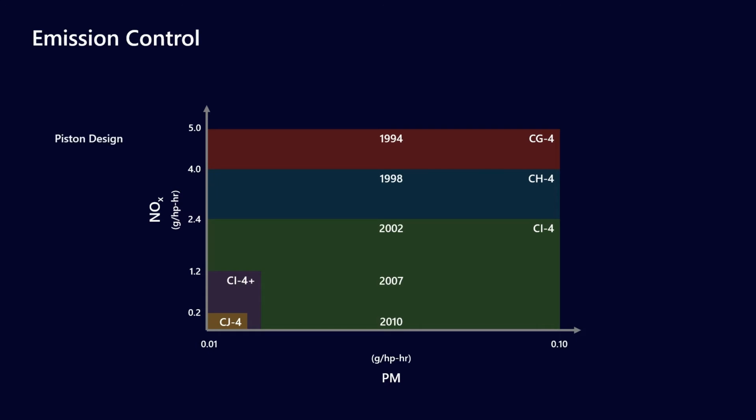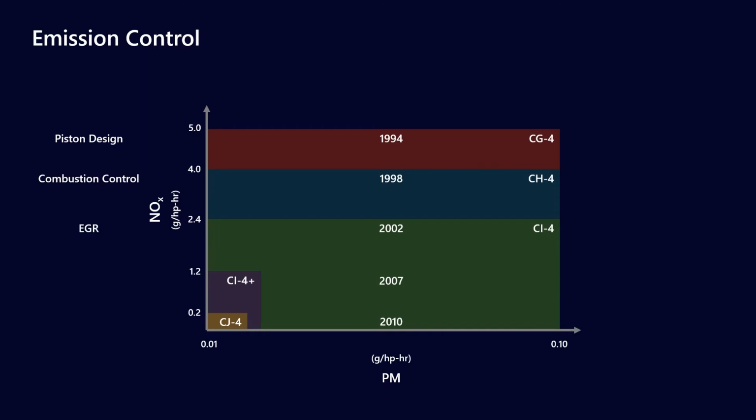Now, these gains have gone on with other technological improvements. For example, in the mid-90s, we had changes to piston design, which helped with emissions control, as well as combustion control. So these really helped with the completeness, if you like, of the combustion, which meant that there was a lot less uncombusted fuel ending up in the exhaust system.